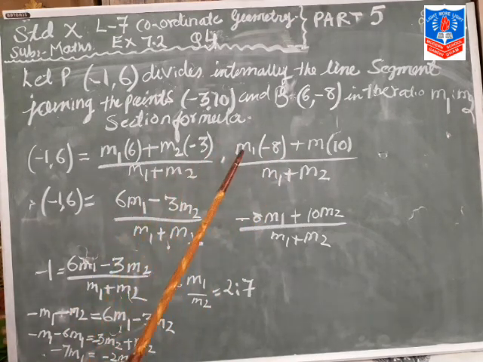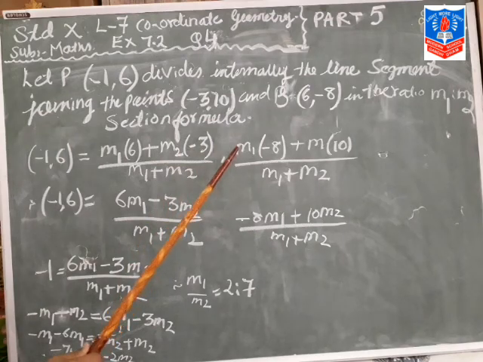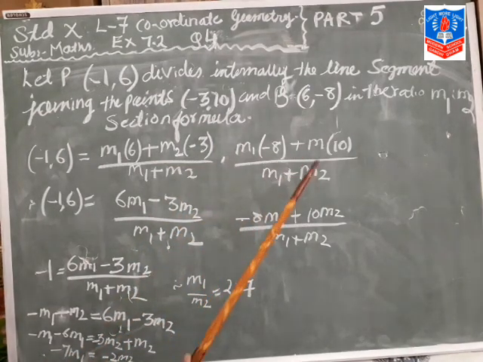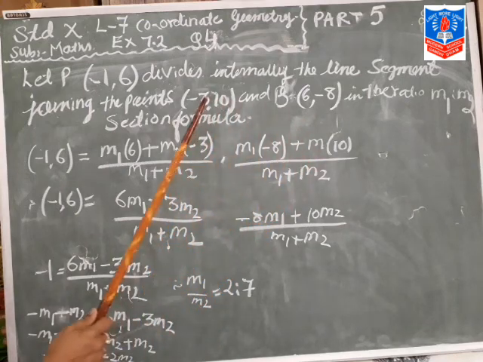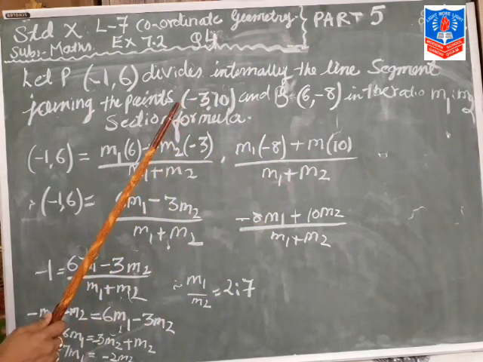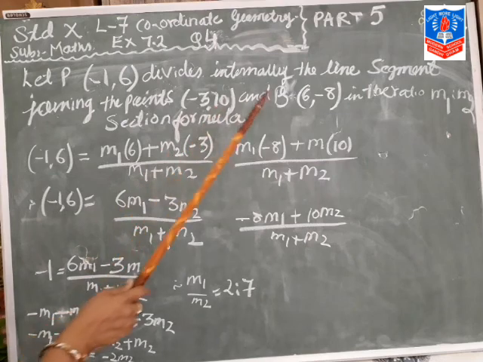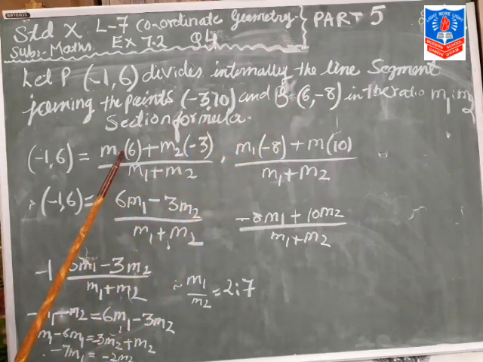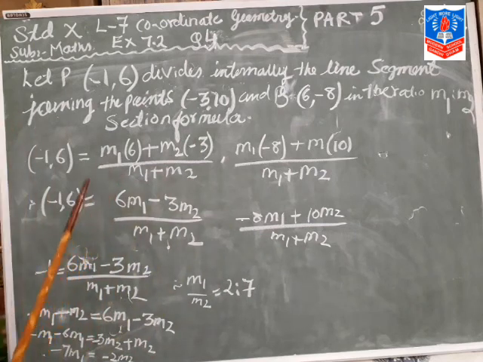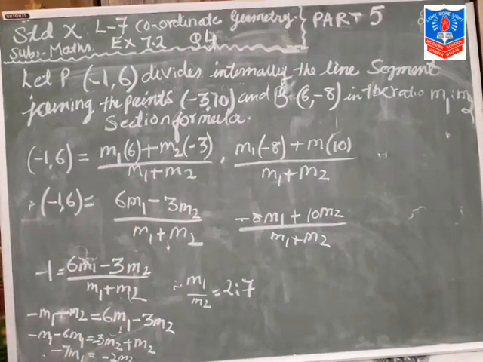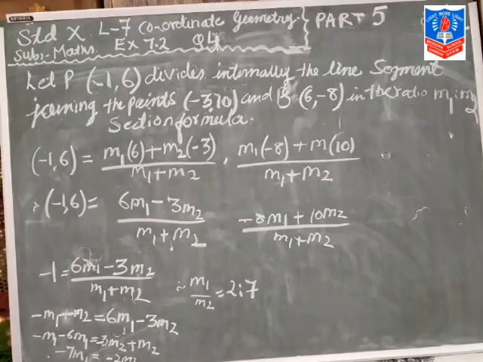Now here it is given, first of all, m1, m2: here it is given -8 and here 10 and here x. Okay, x is given. Clear? So here 6 and -3. Directly now we can apply. Okay, so multiplication: (6m1 minus 3m2) upon (m1 plus m2). Okay, so here you can apply whichever formula you have.